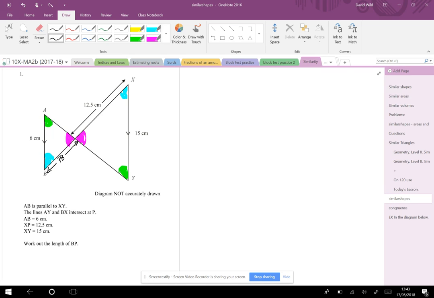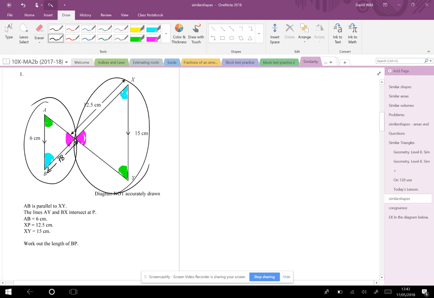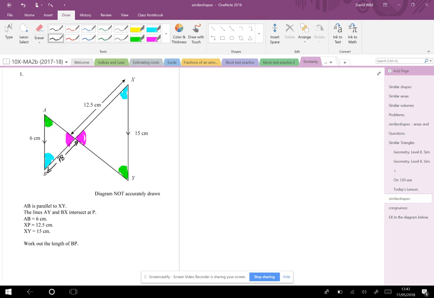We should note, by the way, that this triangle is smaller in dimensions than this triangle, so you need to remember that. Let's have a look, first of all, at the side between the green and the blue. That's 6 in this triangle, and between the green and the blue in this triangle is 15.